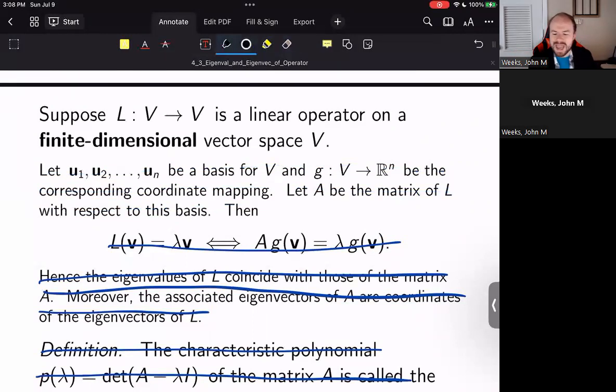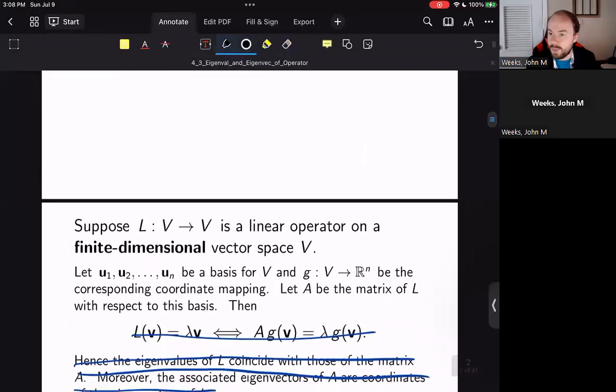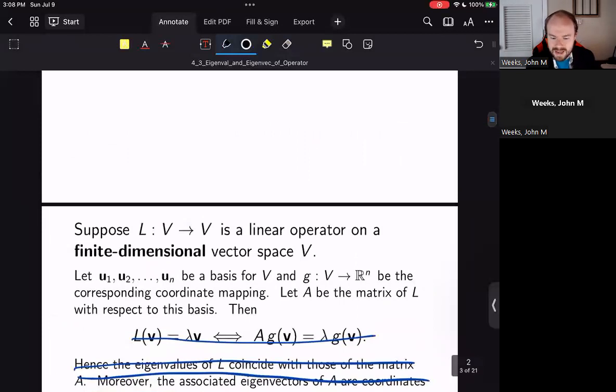Remember that we had this little picture for what we were working on before. We would take the vector V, and we would have a coordinate mapping to get this into the space Rn, right? So a linear mapping L taking us from V to V would then get us to a linear mapping of Rn.